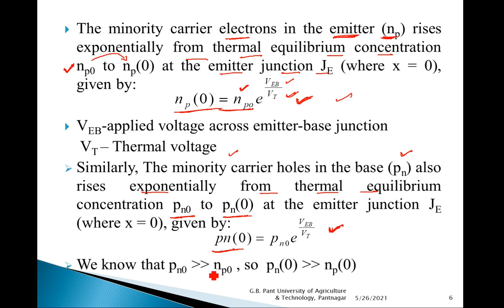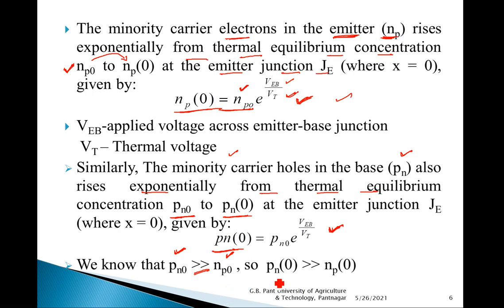You are aware that because of the doping, at thermal equilibrium the concentration of holes is larger than the concentration of electrons. That is, Pn0 is very high compared to Np0. Why is this so? Because your emitter side is heavily doped and the base side is lightly doped.